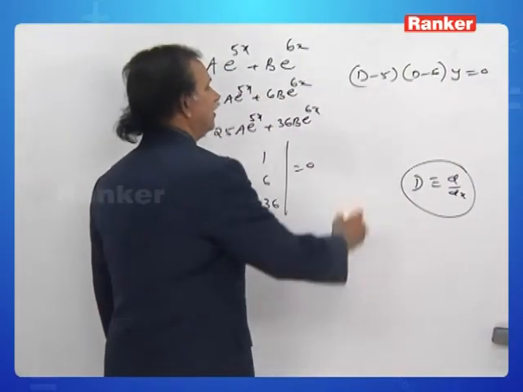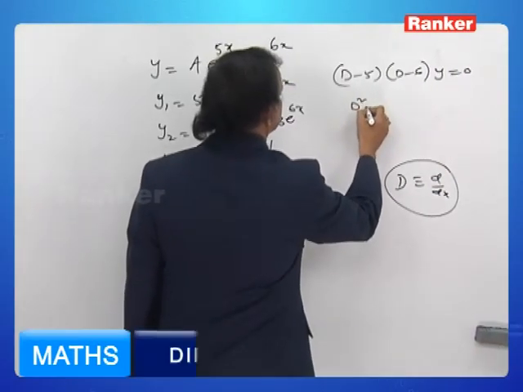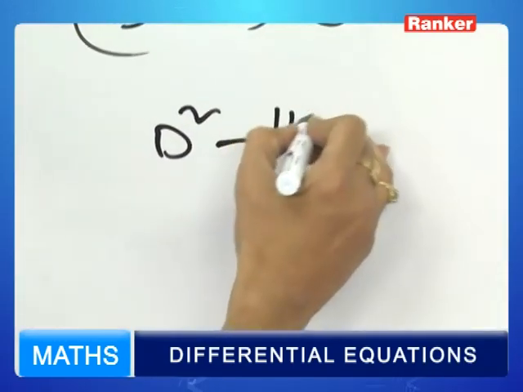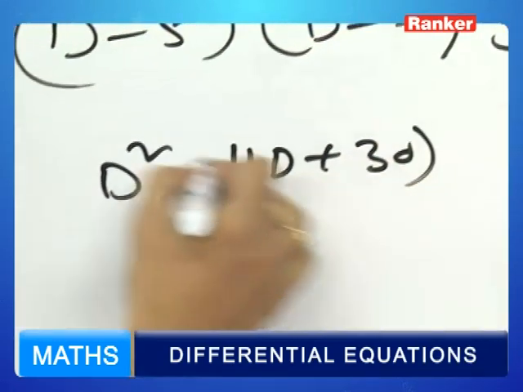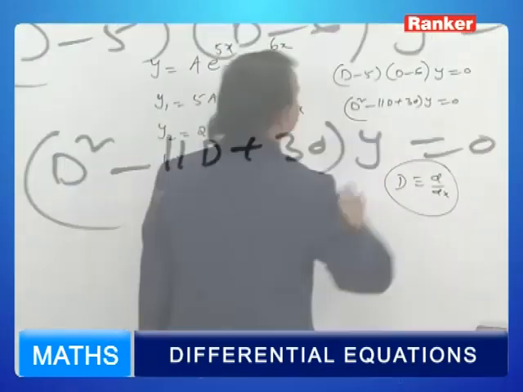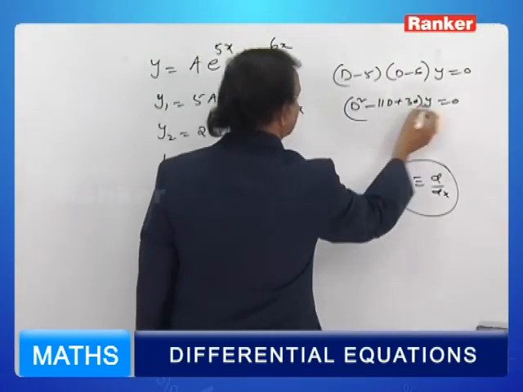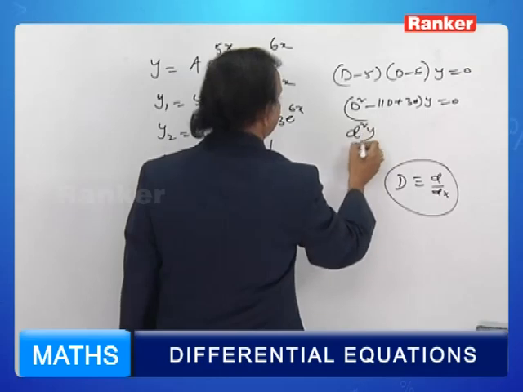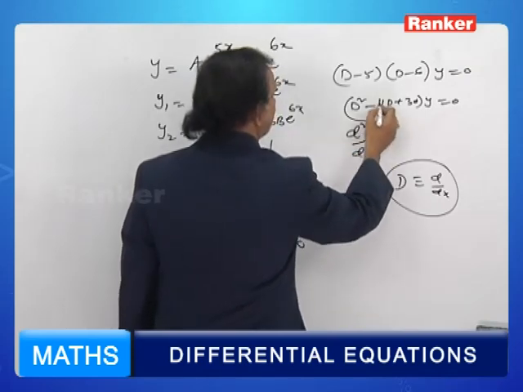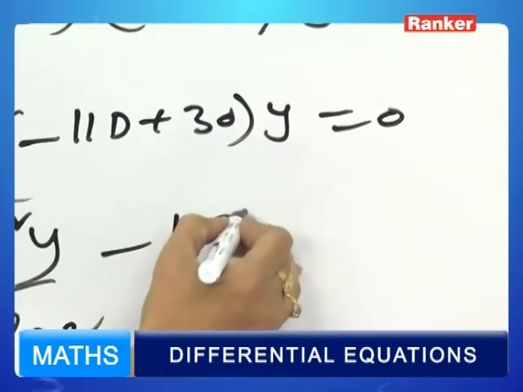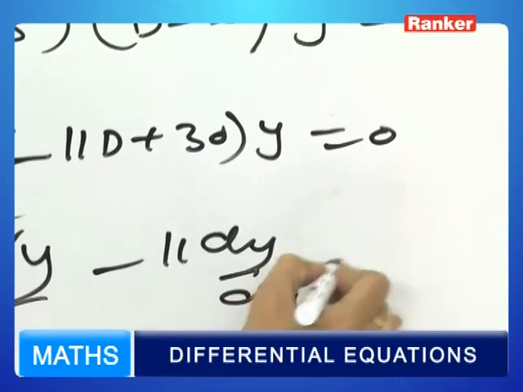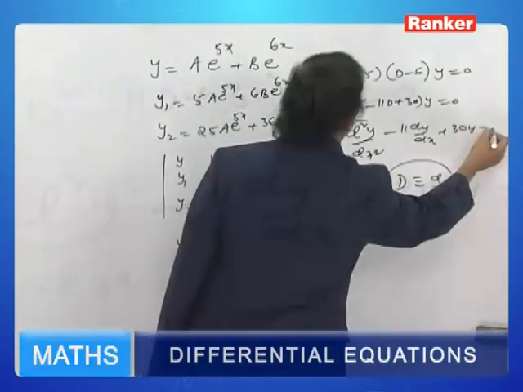D minus 5 into D minus 6 gives D square minus 11D plus 30 of y is equal to 0. That is, D square of y means d square y by dx square, minus 11 dy by dx plus 30y is equal to 0.